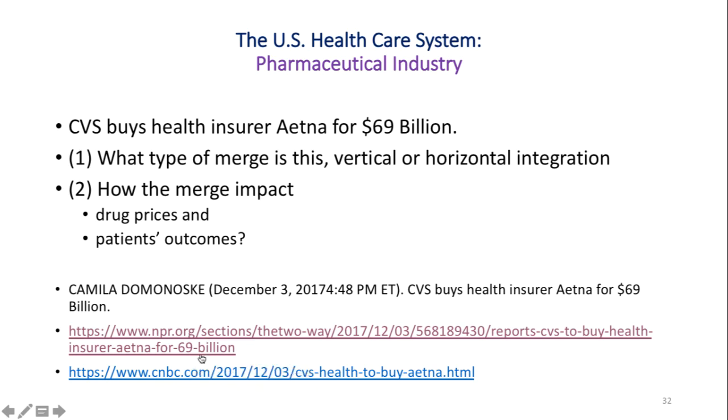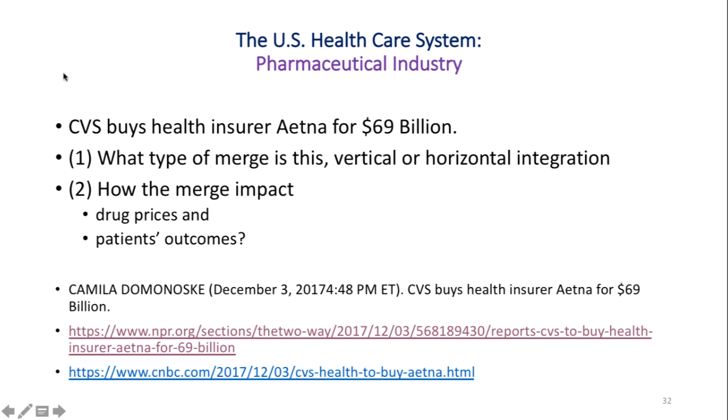But briefly, the CVS deal would be vertical integration, an acquisition along the company's supply chain rather than a horizontal acquisition of direct competitors. Vertical integration is usually considered less threatening to antitrust authorities than horizontal integration.